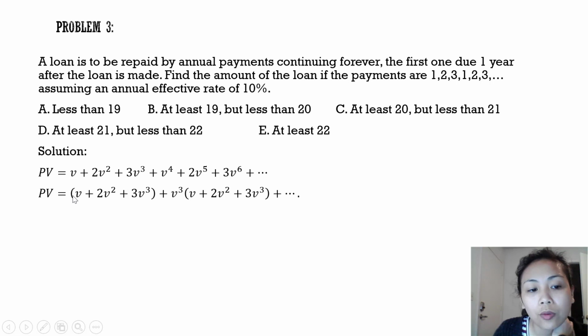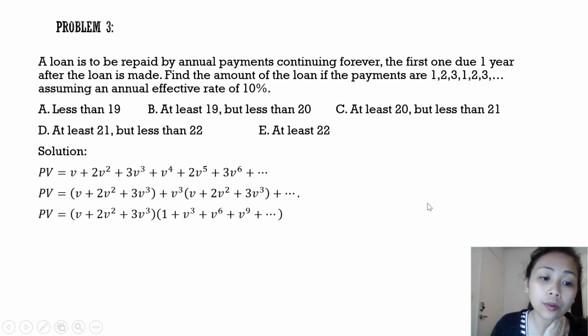So this is 1 times v plus 2v squared plus 3v cubed. The second block of 3 items is v^3 times (v plus 2v squared plus 3v cubed), plus this is v^6, and continue. So here we factor (v plus 2v squared plus 3v cubed) out. We have 1 plus v^3 plus v^6 plus v^9.